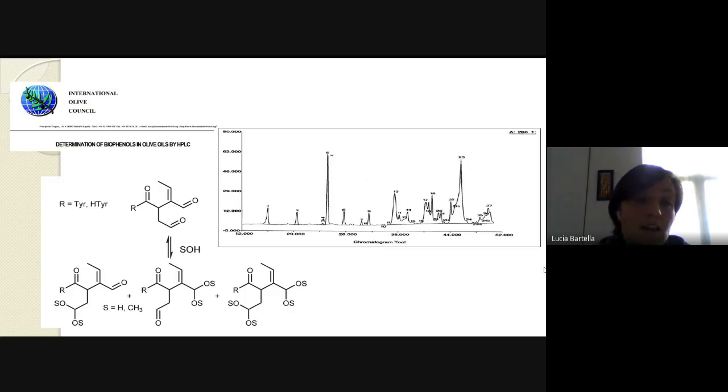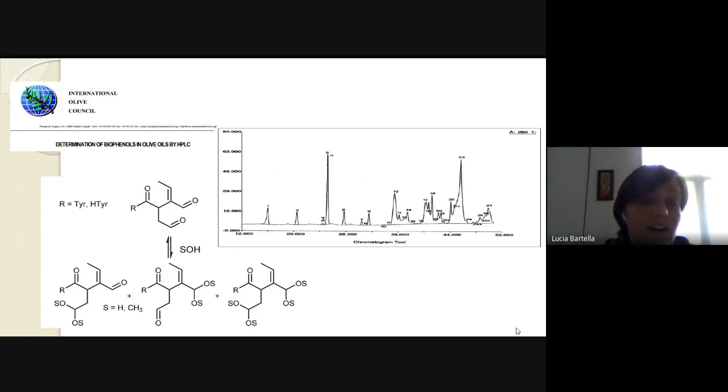But this procedure is not accurate because it lacks suitable internal standards and because of the stability of the derivatives of tyrosol and hydroxytyrosol.